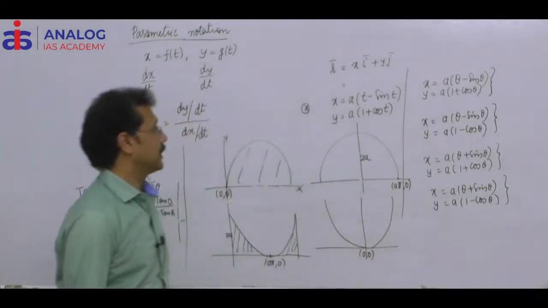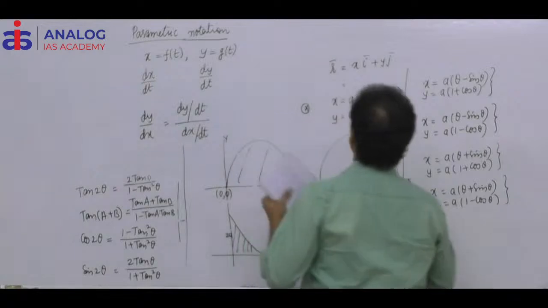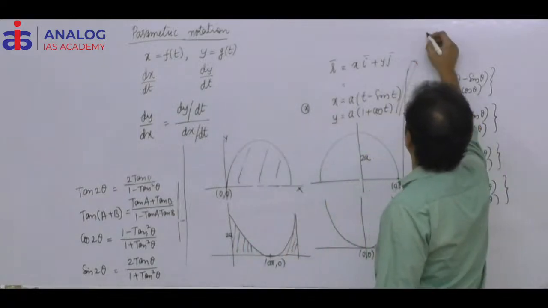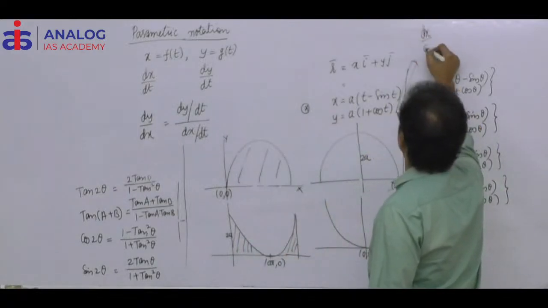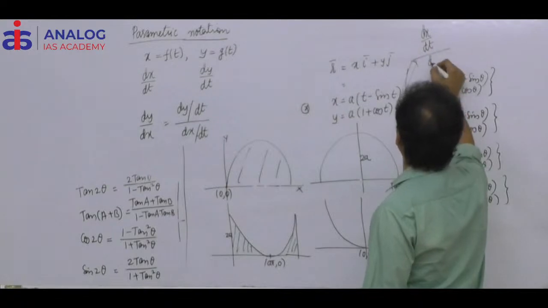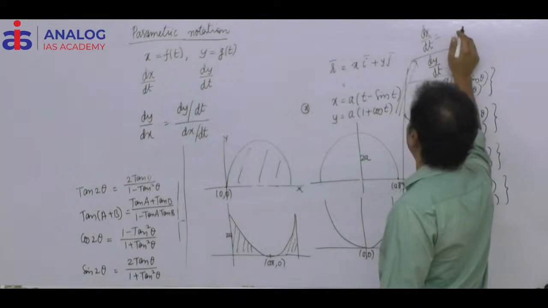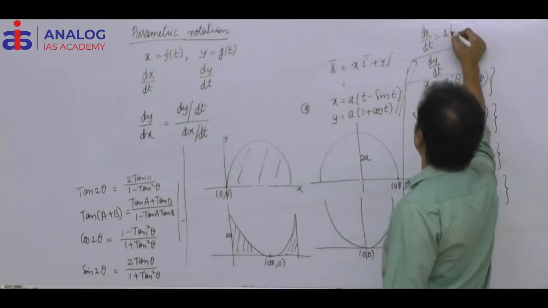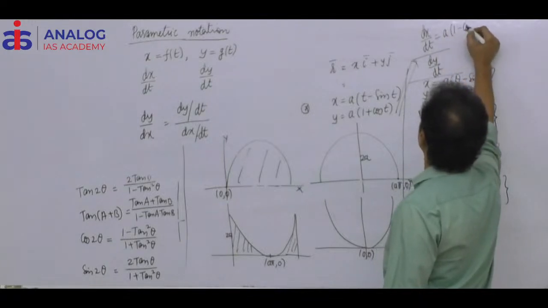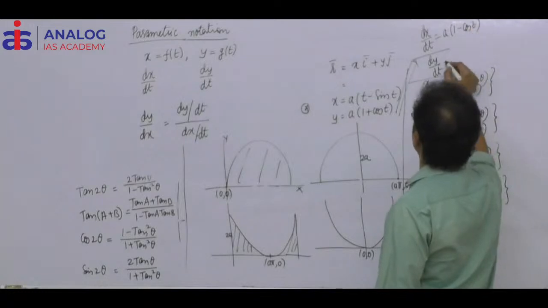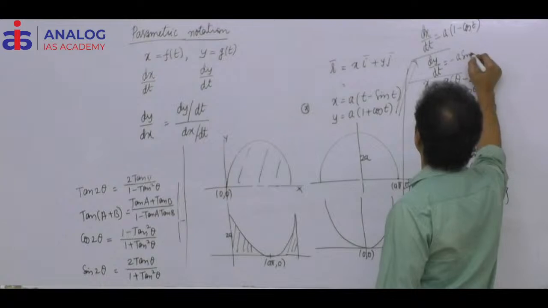Anyway, what is the differentiation then? dx by dt you have to find out, as well as dy by dt. dx by dt is a into 1 minus cos t. dy by dt is minus a sin t.